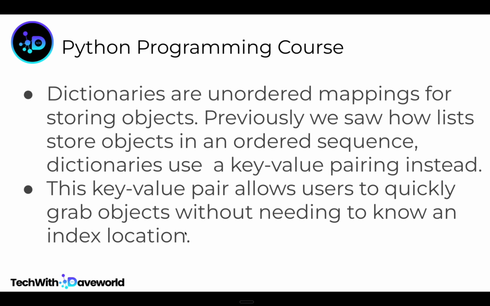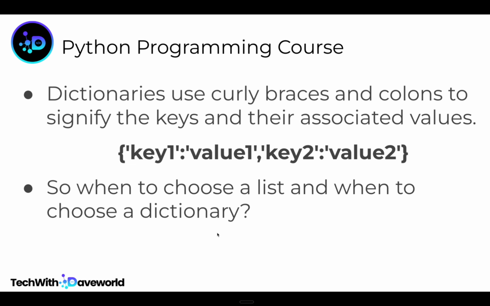Dictionaries actually solve that problem, whereby instead of looking for an index number location, all you need to know is the key of the value that you're looking for. So once you know that key, you can have access to that value anytime you want to access it.